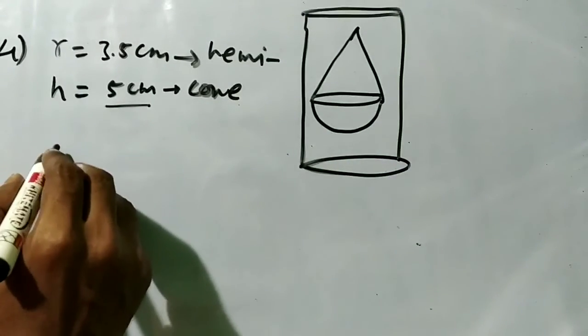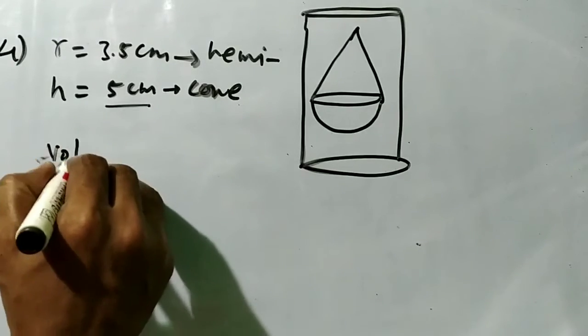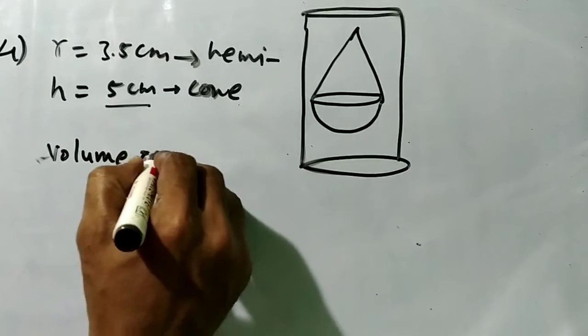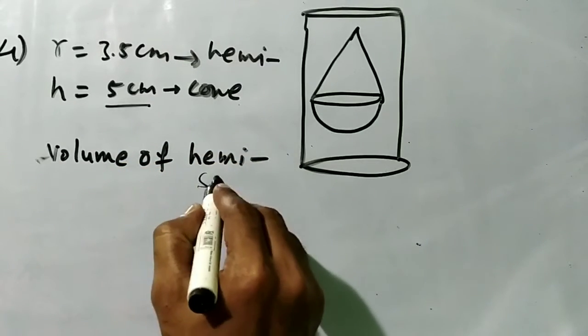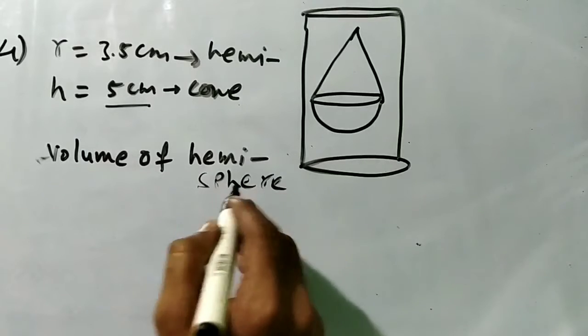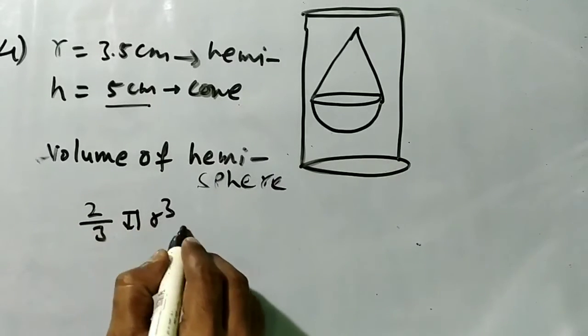So let's find the hemisphere volume first. Volume of hemisphere is equal to 2 by 3 pi r cube.